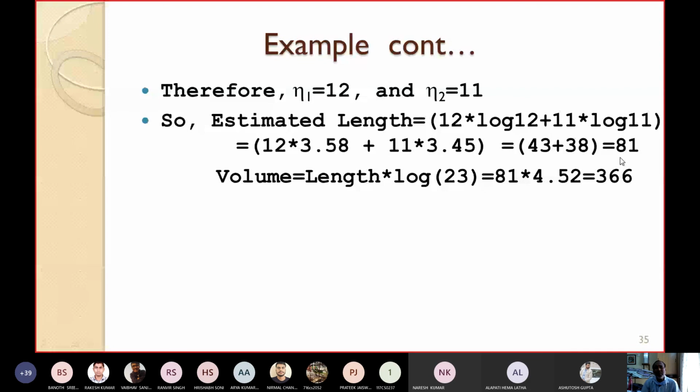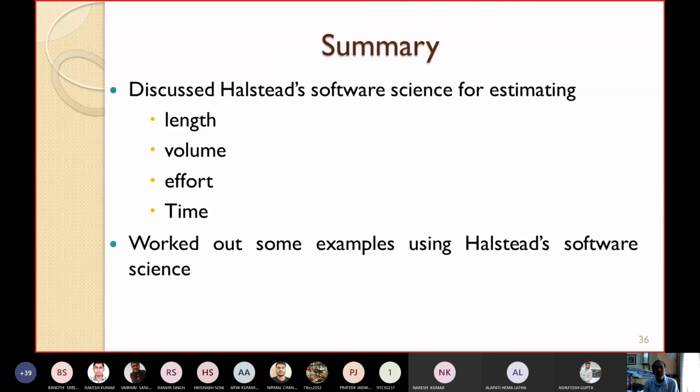So in this way, by using Halstead software science and the given equations, you can easily estimate the length and the volume. One such problem might come, so please see those things. Today we have discussed Halstead software science for estimating length, volume, effort and time.